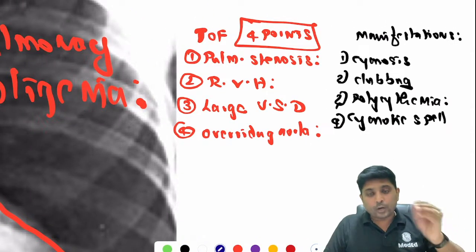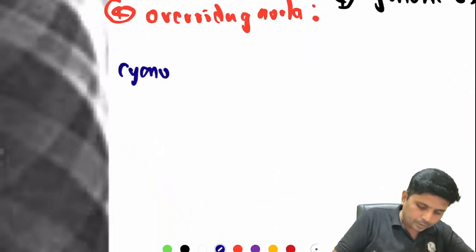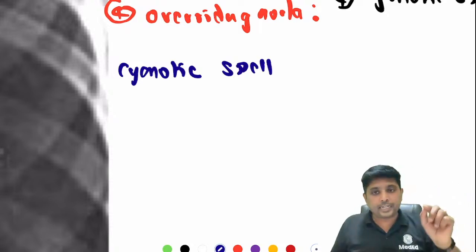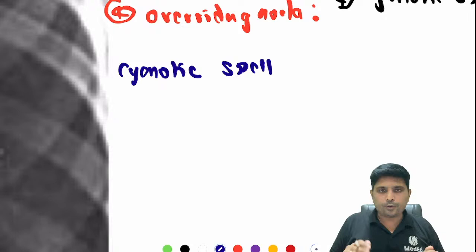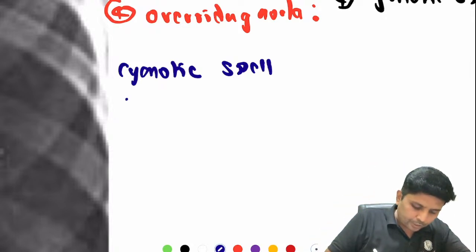Again, one separate question is what is called cyanotic spell? Very, very important. Dead spell. I have not seen any university question without this cyanotic spell question. So look here.